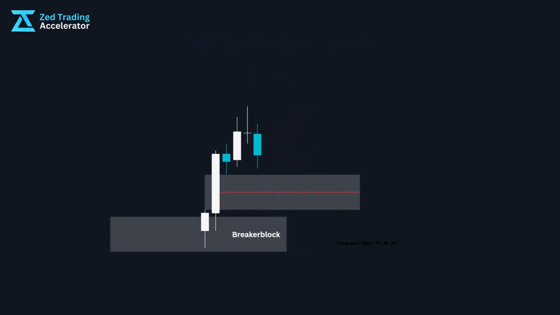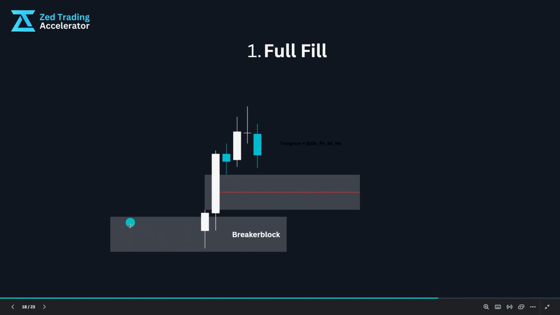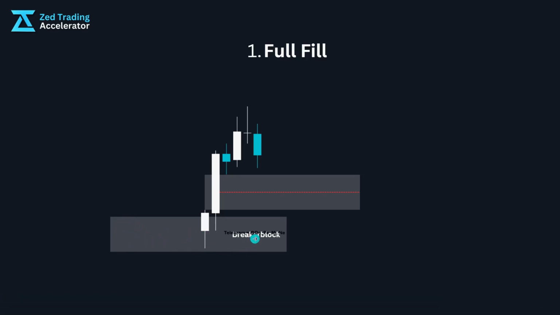Alright, so this is how we are going to expect full fill in our retracement into a fair value gap. For example, you have an order block right here or a breaker block. So the price is most likely to go down into the discount zone.